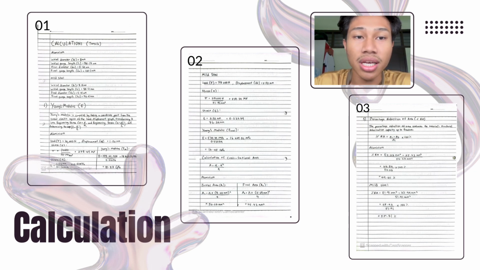So the percentage reduction of area evaluates the material's structural deformation capacity up to the fracture. And you can see the aluminium percentage is 49% and mild steel you can get 55%.